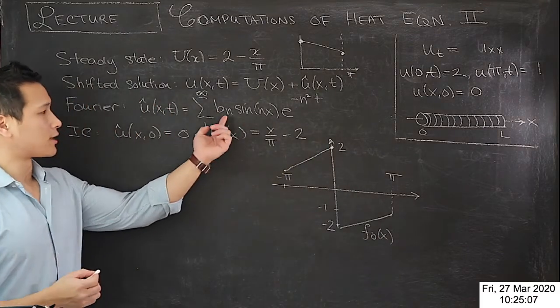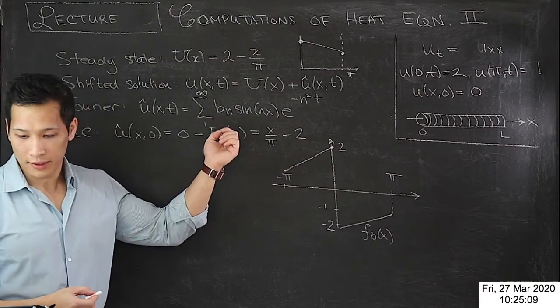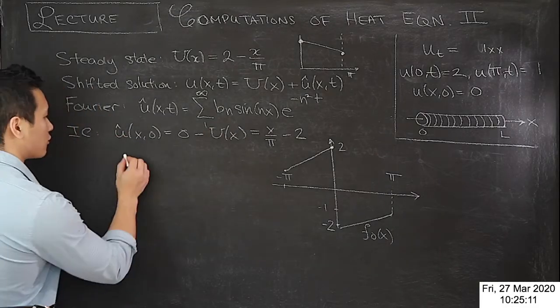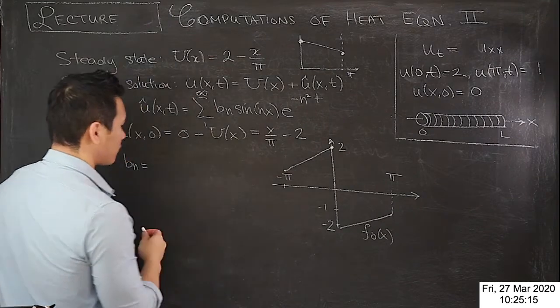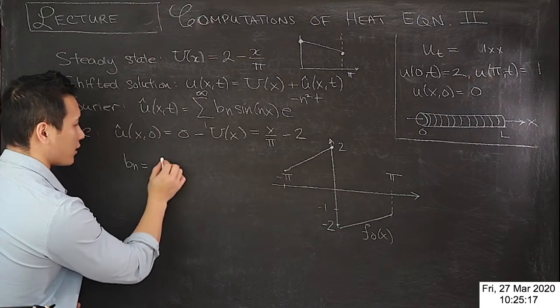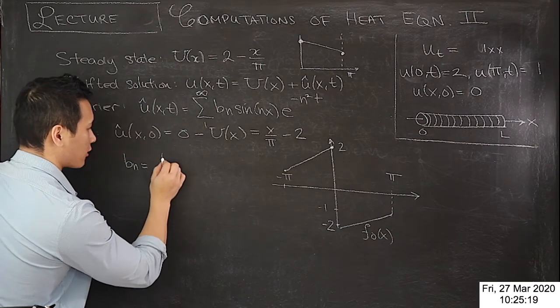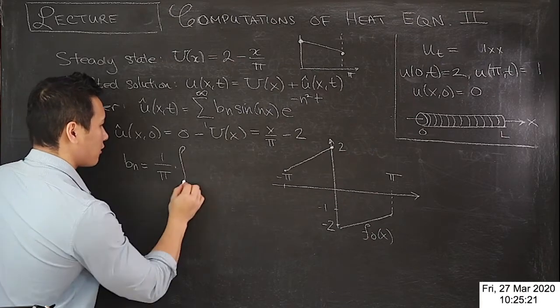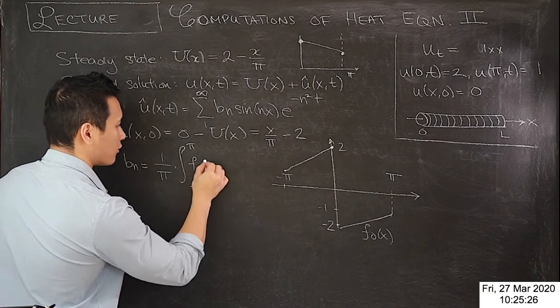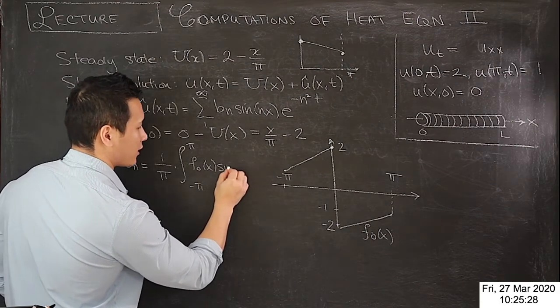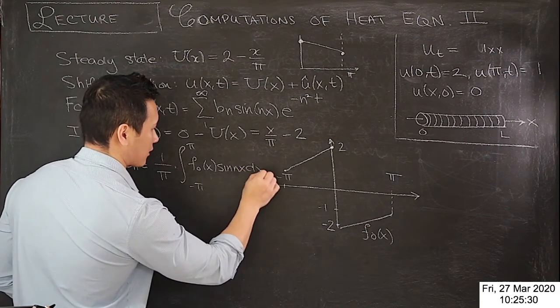Now you're ready to write down the Fourier series coefficients, these Bn's. You'd write down Bn is equal to 1 over pi, an integral from -pi to pi of F_O of x times sine of nx dx, like so.